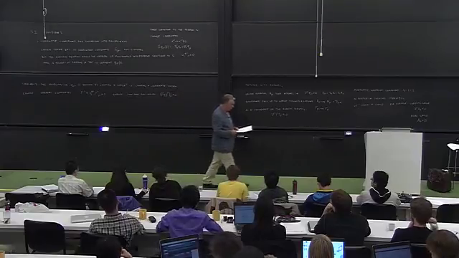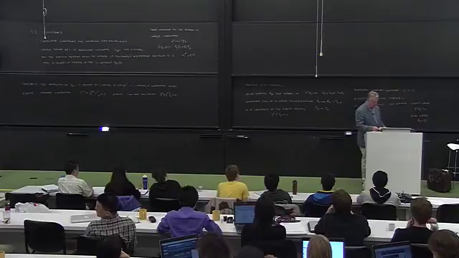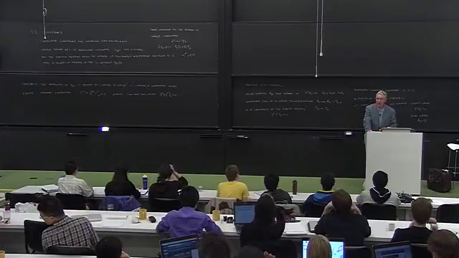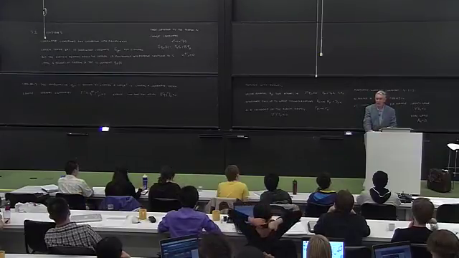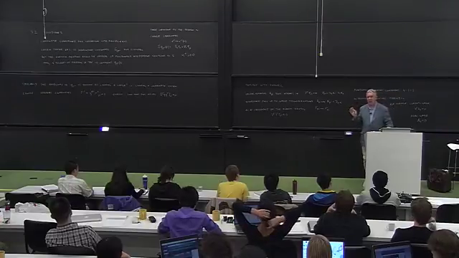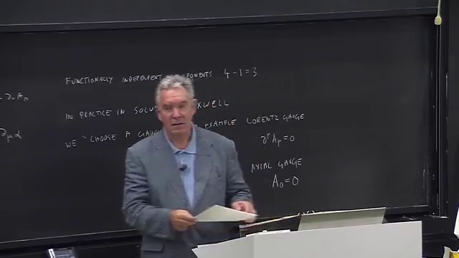Okay, good point. I'm talking about functionally dependent components. A separate issue is physical degrees of freedom. A photon has only 2 degrees of freedom, not 3, and the graviton has only 2 degrees of freedom, not 6.